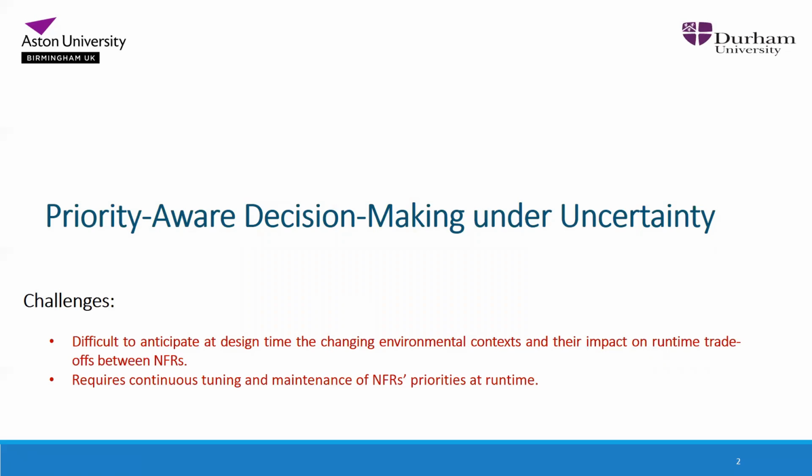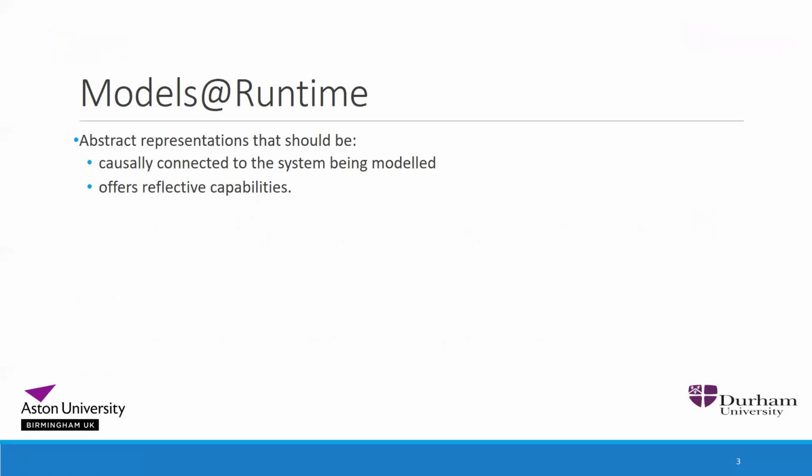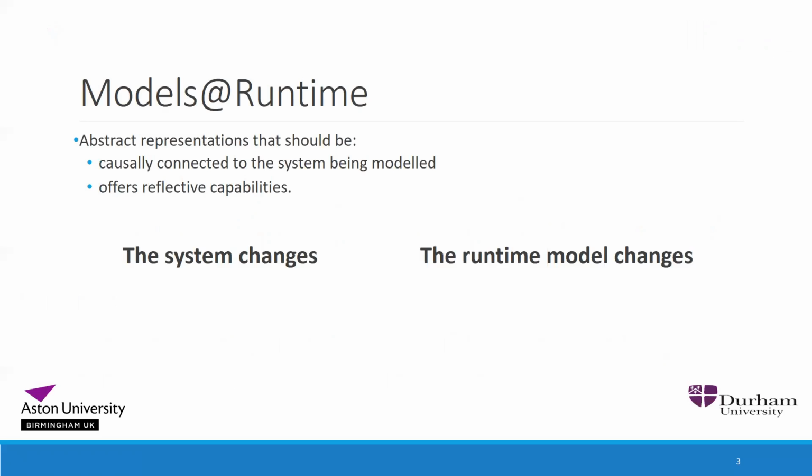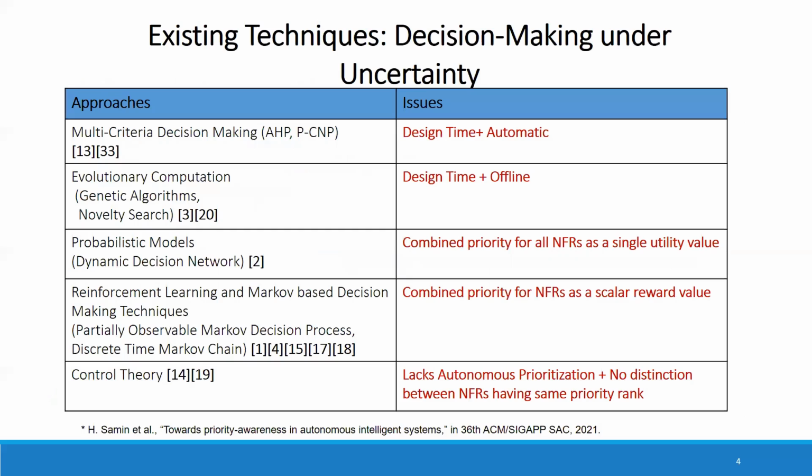For this purpose, there is a requirement for a technique that makes use of a model at runtime, or runtime model, to represent an abstract, causally connected representation of a system that offers reflective capabilities in terms of the priorities of non-functional requirements and their specific satisfaction levels. So when the system changes, the runtime model should also change and the other way around.